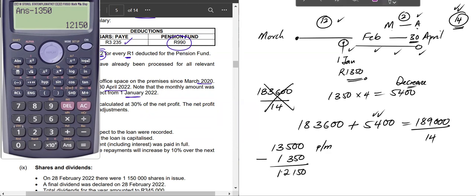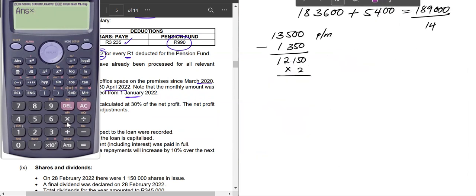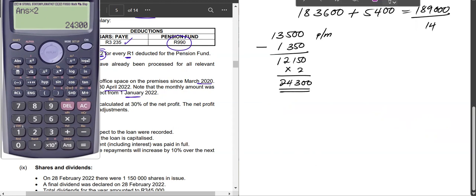This is rent per month after decrease. But my problem here is I have received for March and April, so I have to multiply this by 2. Once I multiply this by 2, I now get 24,300. This therefore becomes my rent received in advance.